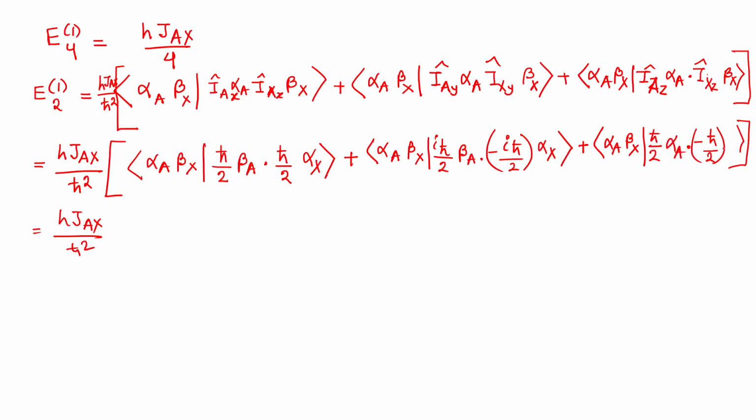They are eigenvalue equations. Now let's see what we have here. ħ²/4: we have alpha A, beta X; we have beta alpha. That again becomes 0, that will again become 0.